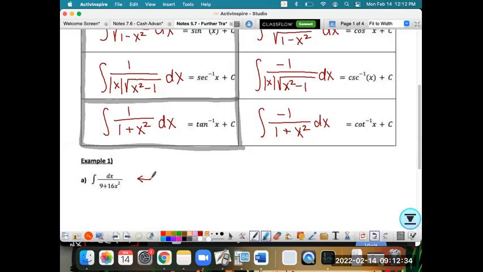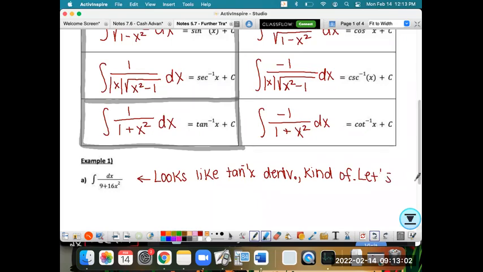Looks kind of like tangent inverse derivative. Let's try some algebraic manipulation and u subs.